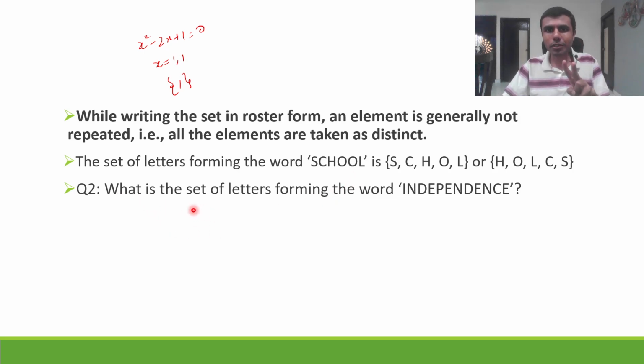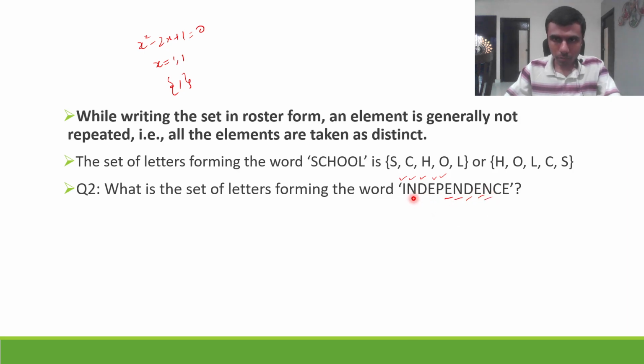Next question. Pause the video and think. What is the set of letters forming the word independence? So what all will come? I, N, D, E, P. Now this E has already come before, so I will not write it.